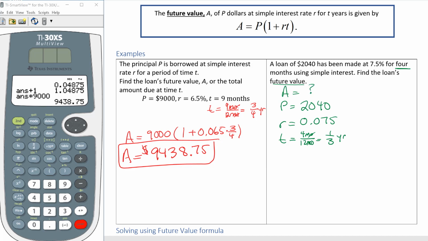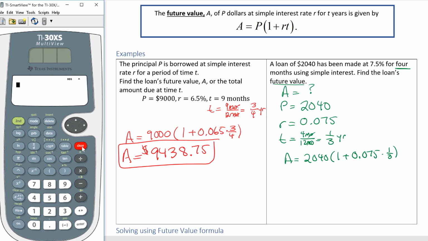So I'm going to plug this in. A equals 2,040 parentheses 1 plus 0.075 times 1/3 of a year. Now I showed you all the different ways you could type it in the calculator, especially if you don't have a scientific calculator, so that you can see what you're typing. But because I do, I'm just going to go ahead and type it in the most straightforward way.